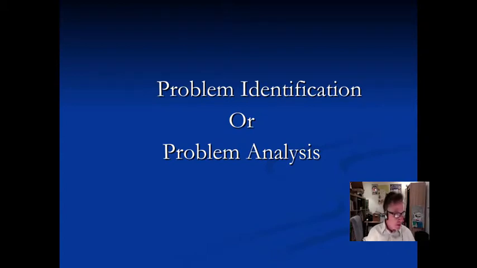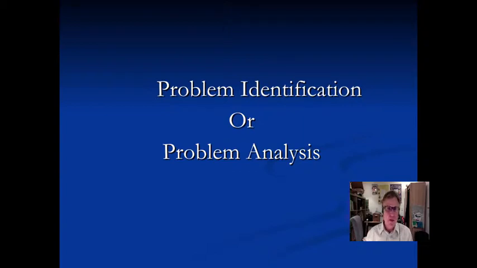So in the field of policy analysis, this is an important thing. Problem identification is the most important step in the overall policy analysis process. The overall process includes the analysis of alternatives or solutions. So you have, on the one hand, the first part, identifying a problem and analyzing it so we understand it sufficiently.